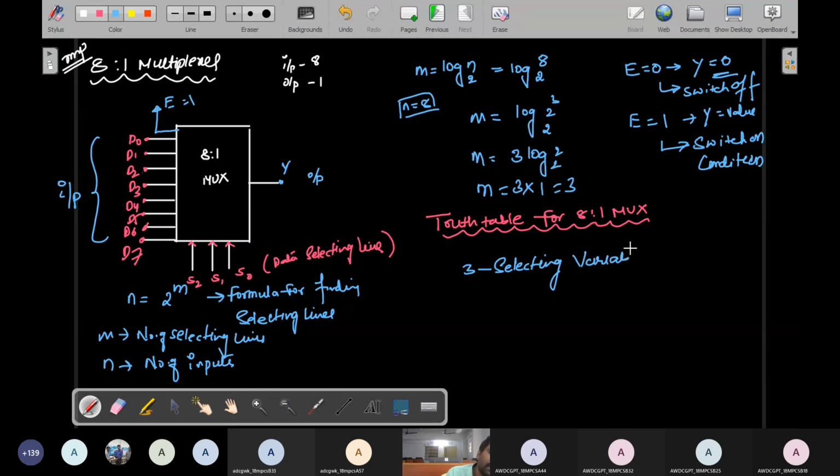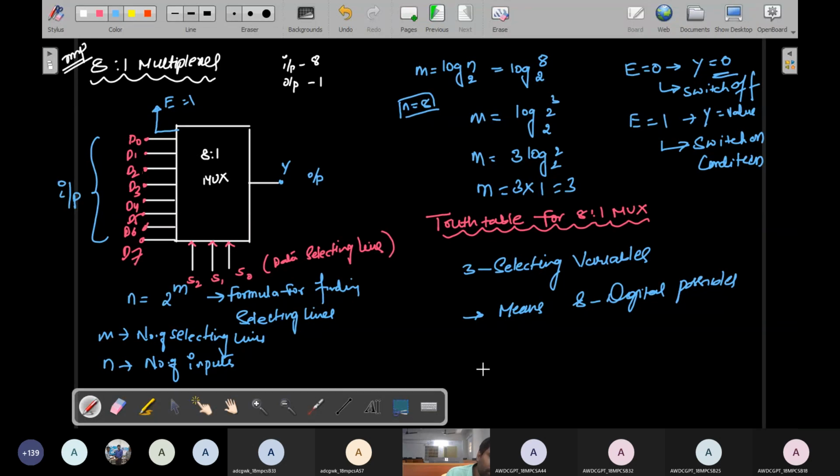How many possibilities are there? 8 possibilities, because three selecting variables means 8 digital possibilities, which means 8 inputs. So 3 inputs means we have 8 possibilities. The digital possibilities are 0 0 1, 1 0 0, something like that, 8 digital possibilities.